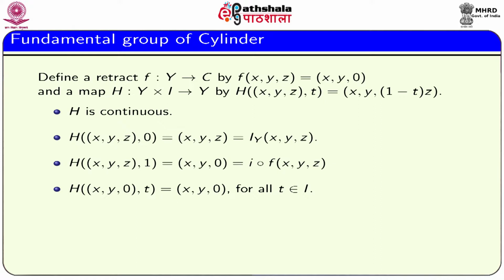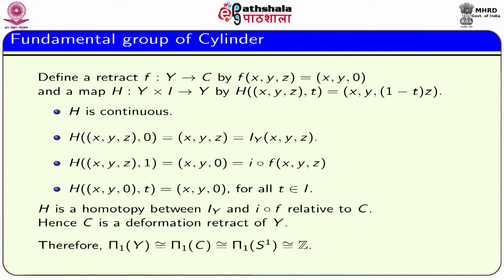Similarly, if we put t equal to 1, then H of x, y, z, comma 1 comes out to be equal to x, y, 0, which is equal to i composed f of x, y, z, where i stands for the inclusion map from C to Y. Also, H of x, y, 0, t is equal to x, y, 0 for all t belonging to capital I. So, H satisfies all the conditions for homotopy, and it is a homotopy between the identity function I_Y and the composition i composed f.